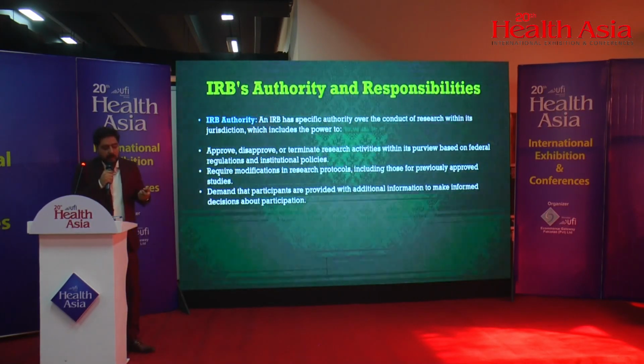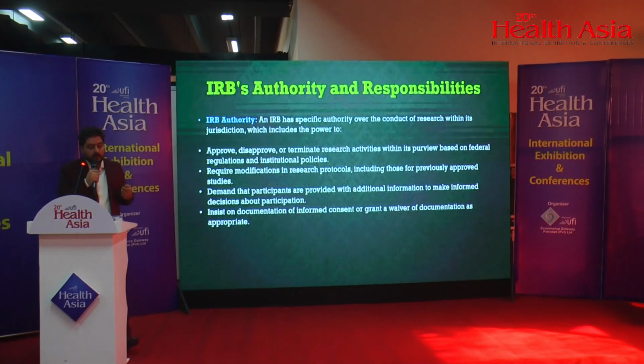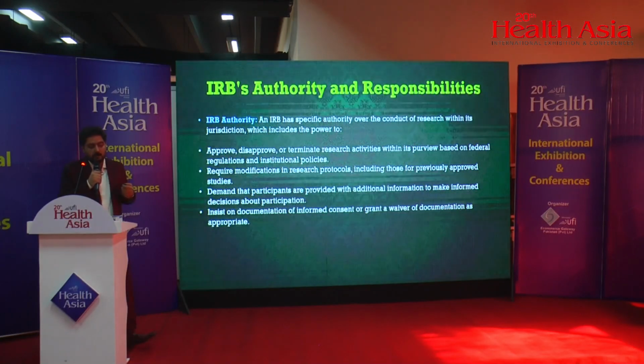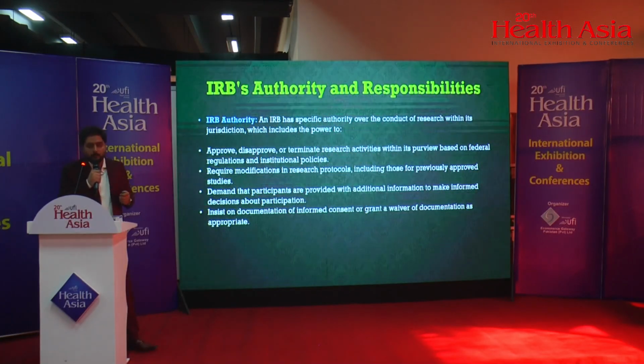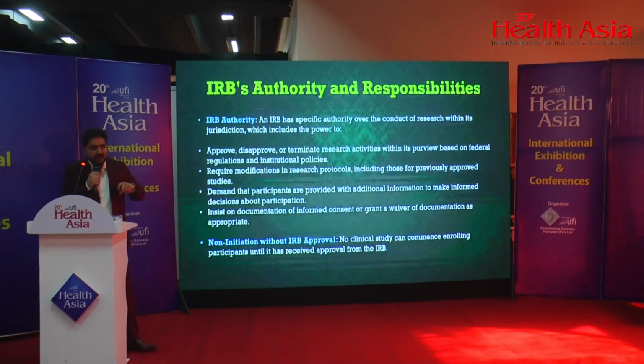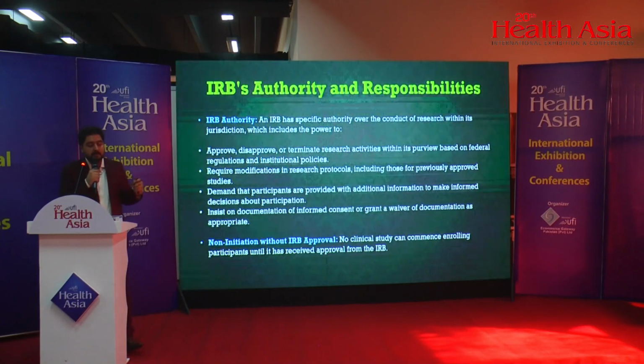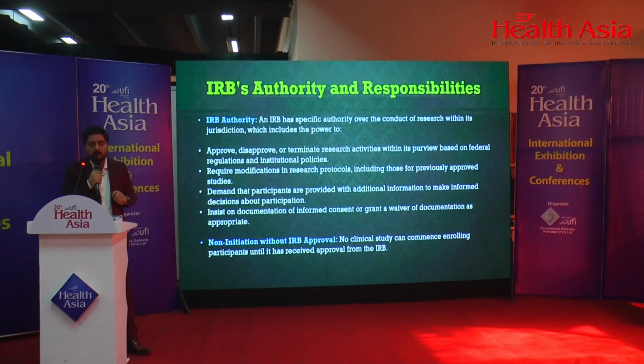It can require that participants be provided with additional information to make informed decisions. It insists on documentation of informed consent or grants a waiver of documentation as appropriate. What happens if you do not take the ethical approval letter? No clinical study can commence enrolling participants until it has received approval from the IRB.